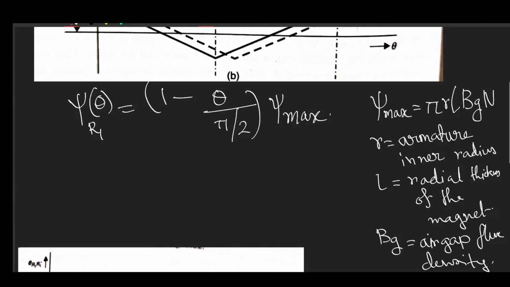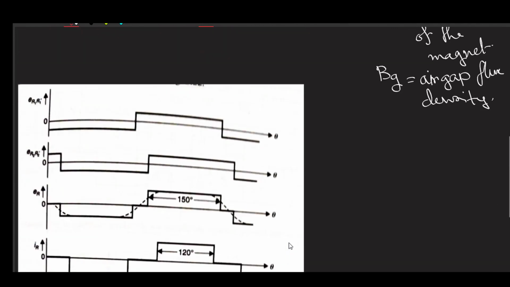So the flux linkage is undergoing linear variation.